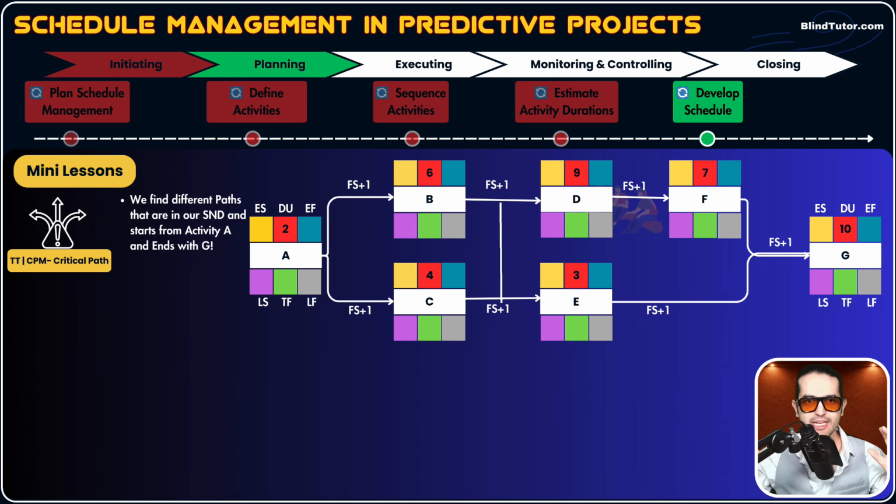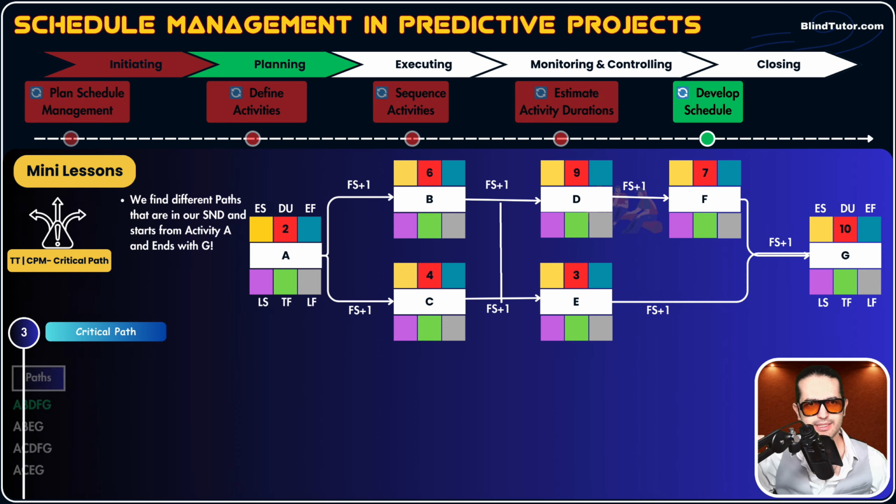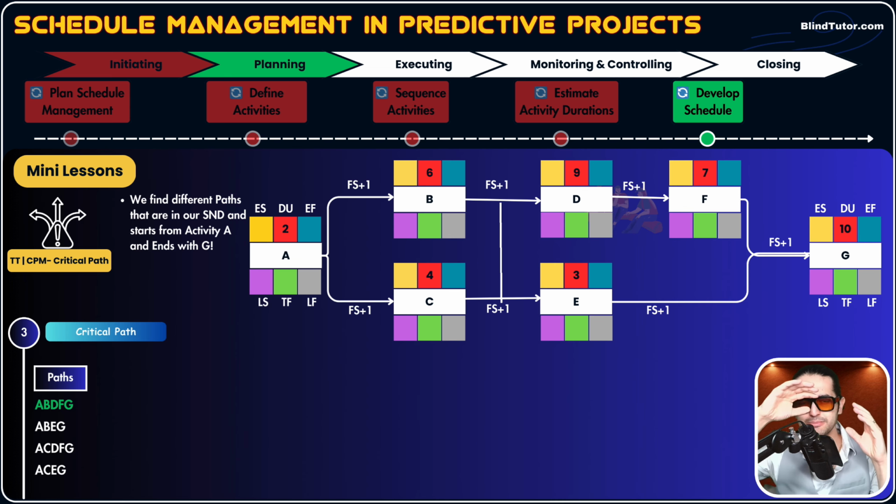The full chain is called a path. For example, the first path that we could see in our SND is A, then B, then D, F, G. This is a full, complete sequence of activities from start to finish, from A to G. This is our first path.